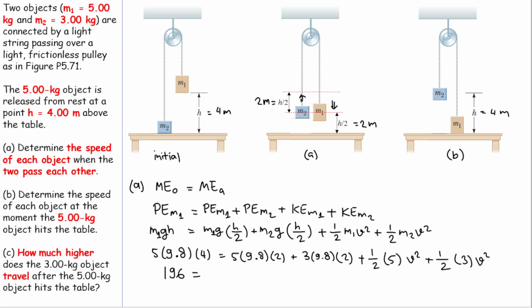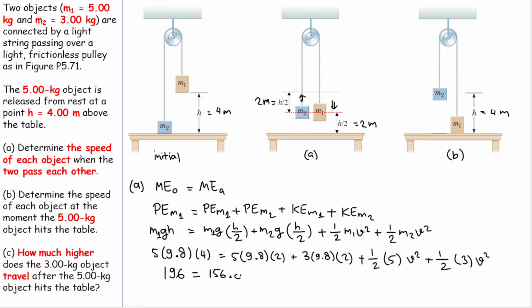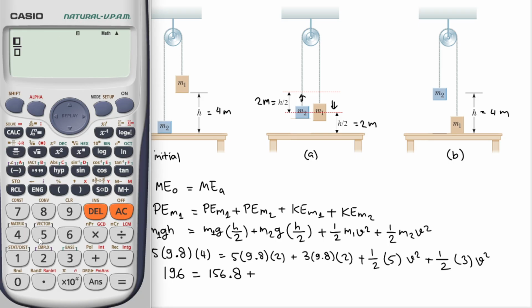And for the right side, the first term is 5 multiplied by 9.8 multiplied by 2, plus 3 multiplied by 9.8 multiplied by 2, and I will have 156.8, plus 1/2 multiplied by 5, plus 1/2 multiplied by 3, for v squared. And I will have 4 v squared.